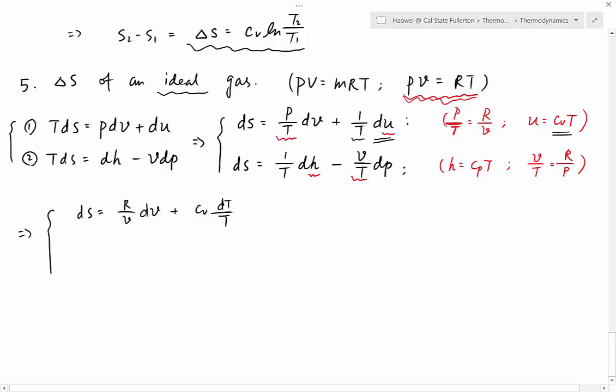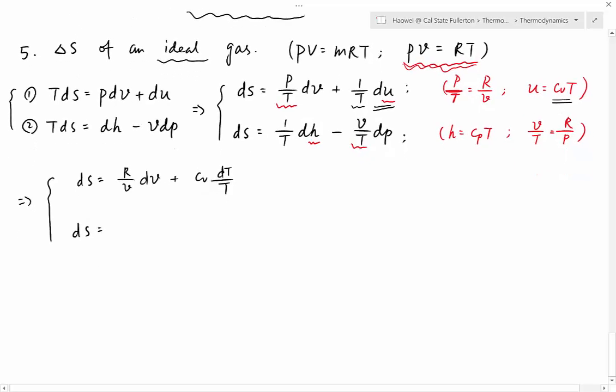Then we repeat. The second Gibbs equation, left hand side still ds, right hand side, let's rewrite dH first. dH can be written to derivative Cp times T. And then again, Cp is constant, so you take Cp out of it. What is left is Cp dT.